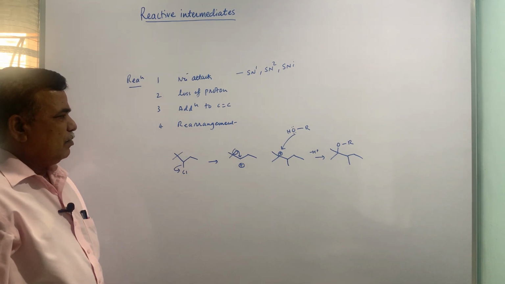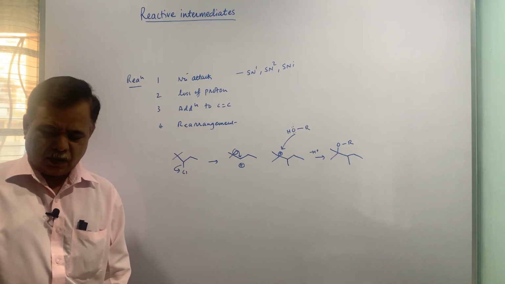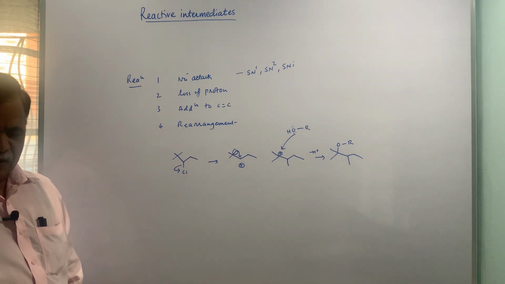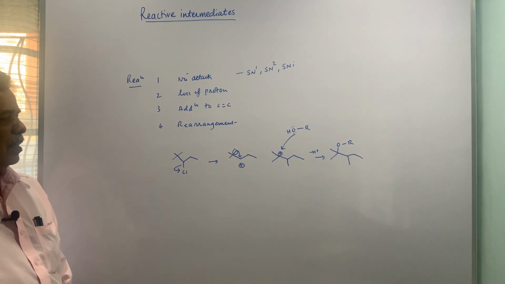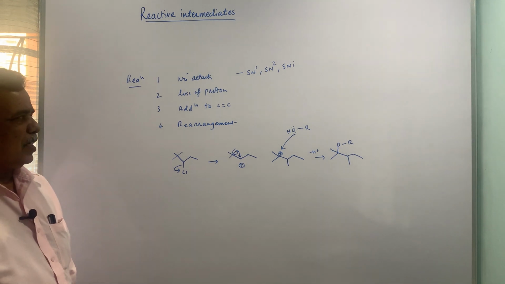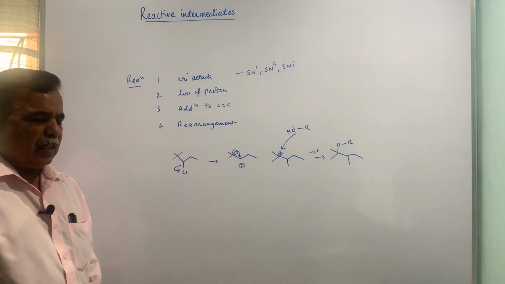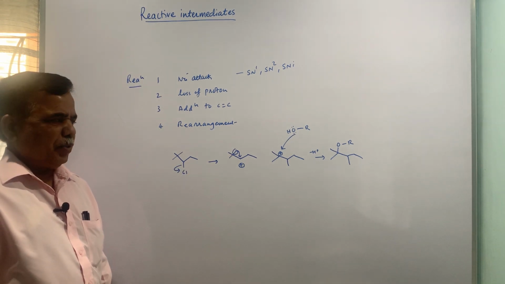Of course, we have seen some rearrangements based on carbonium ion, namely Pinacol-Pinacolone rearrangement, Demjanov rearrangement, Wagner-Meerwein rearrangement, and so on. So all those rearrangements are based on the carbonium ion or electron deficient carbon, to be precise.